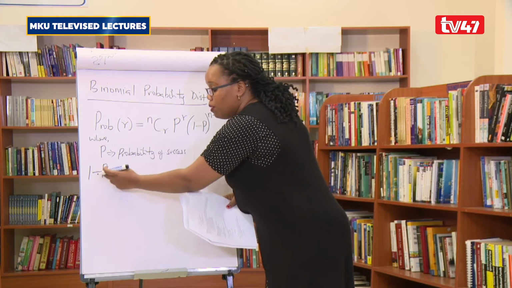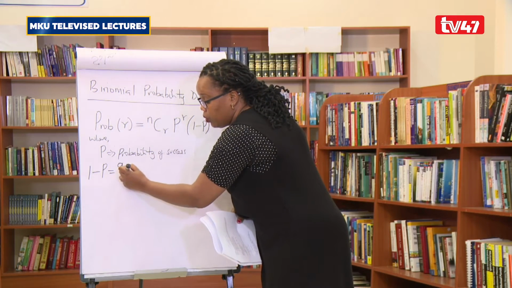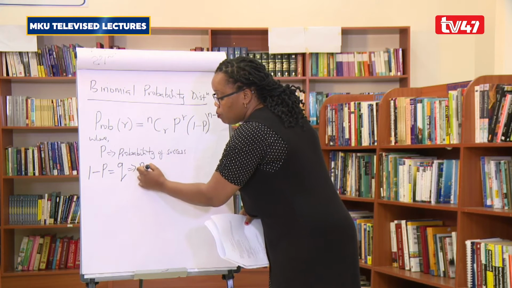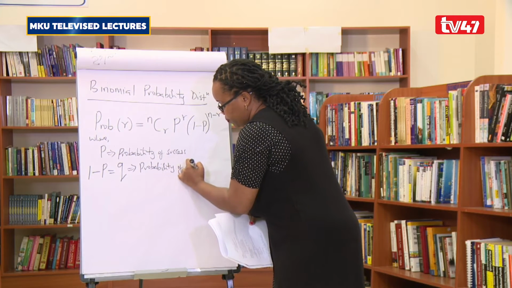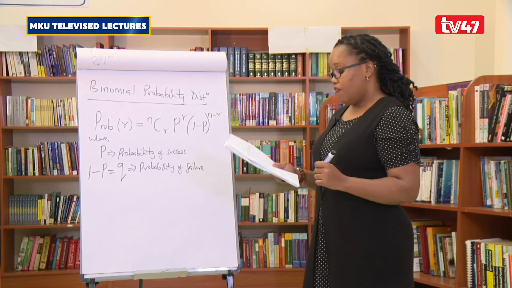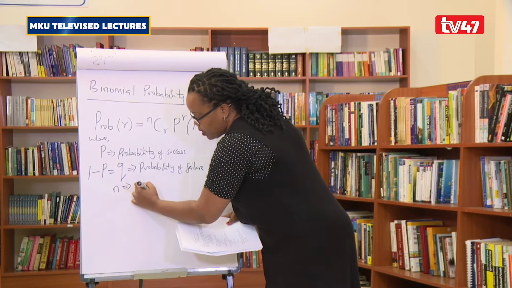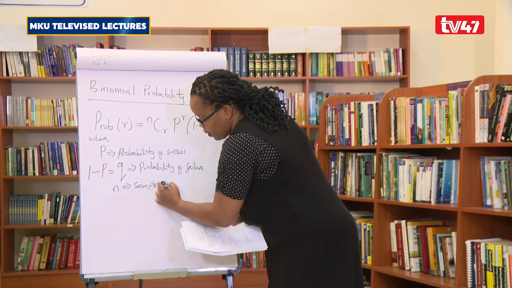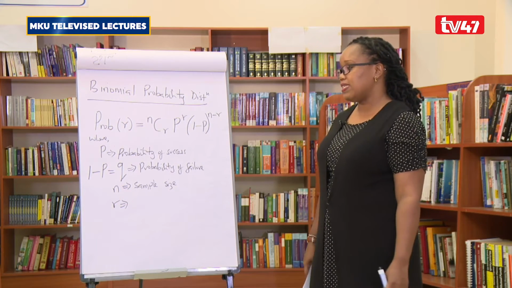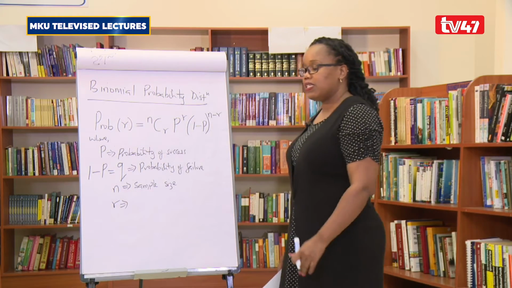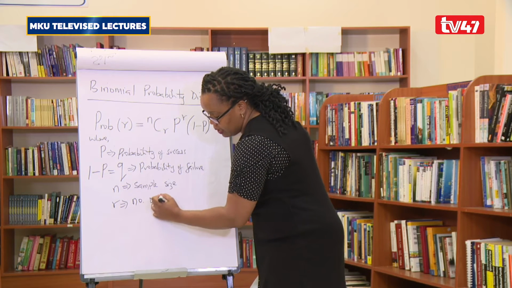So 1 minus p, which in different texts you can find equated as q, means probability of failure. Our n describes the sample size. Our r describes the number of successes. Our r, the number of successes, is what we are interested in calculating.